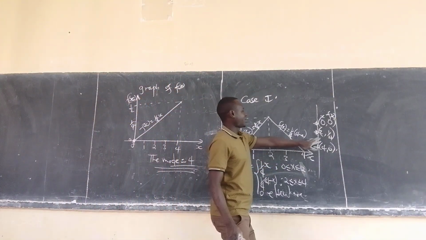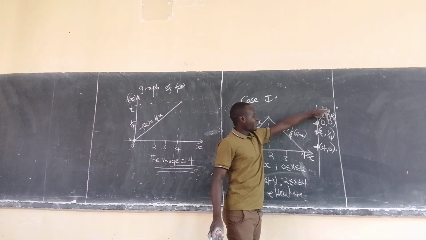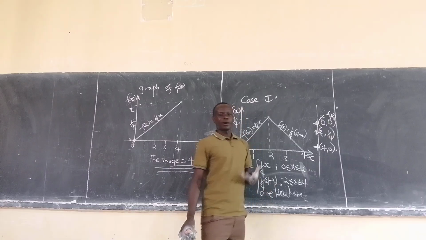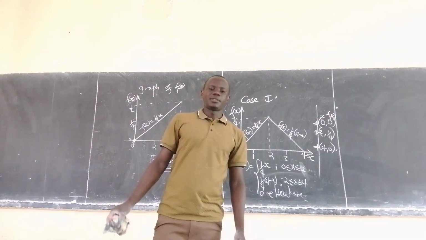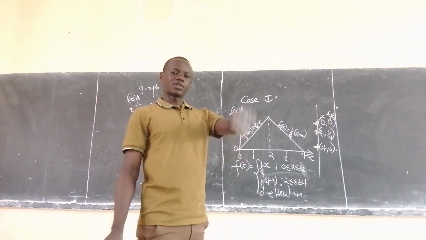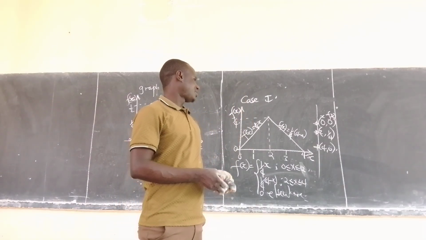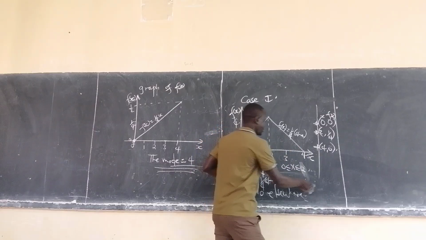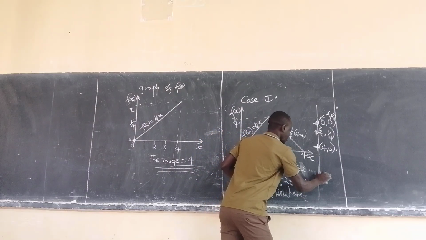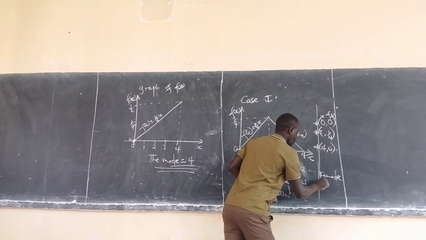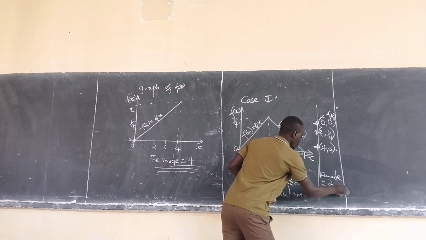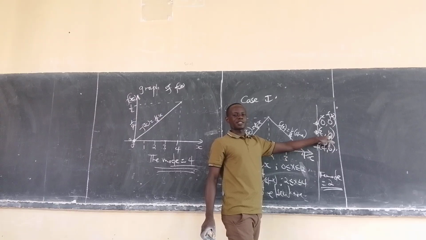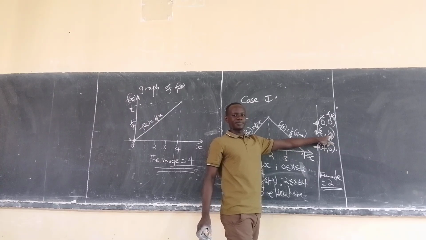So if we go here, there is 0, a quarter, and 0, implying a quarter is the highest value of f of x, and its corresponding x coordinate must be the mode. So our mode, in this case, becomes 2, because 2 corresponds to a quarter, which is the maximum value of f of x.